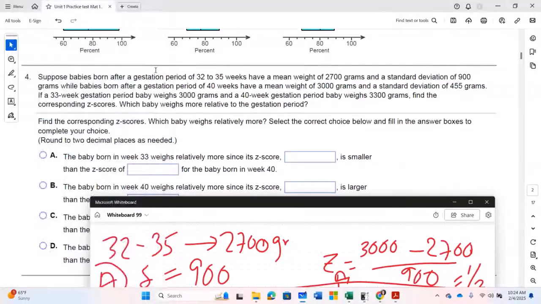The babies that stay more, which baby weigh more? The babies that weigh more are the ones that stayed 40 weeks in the stomach.